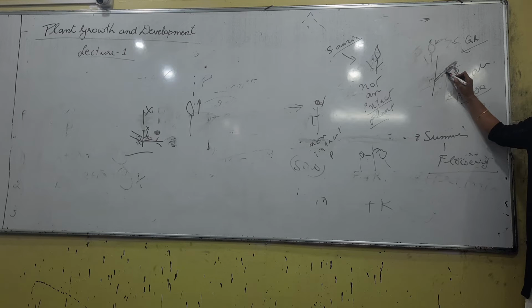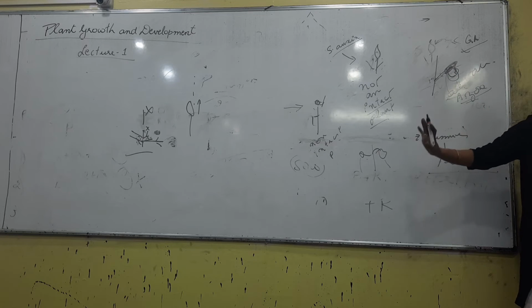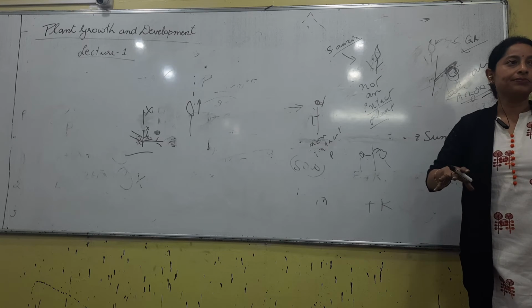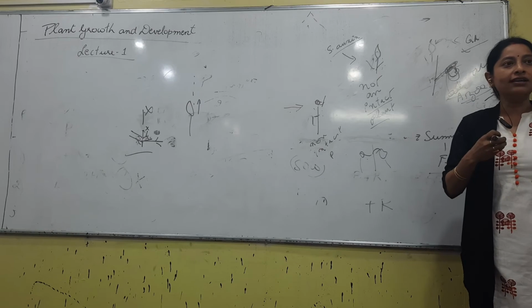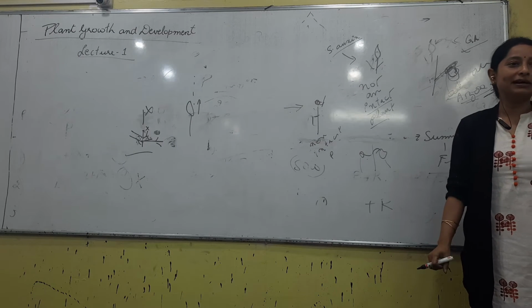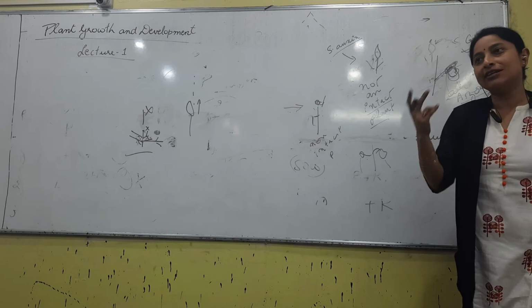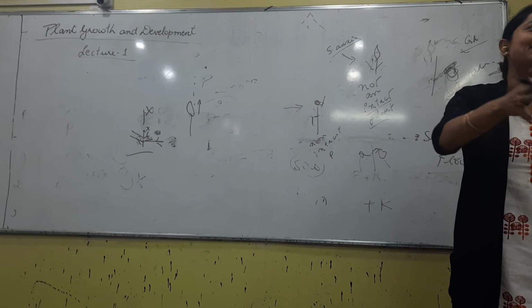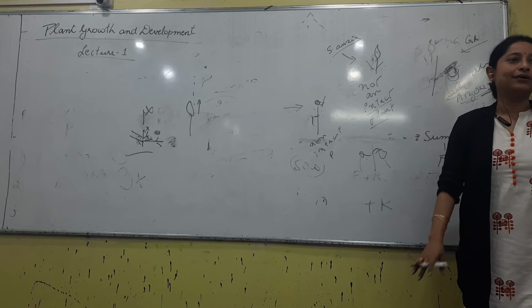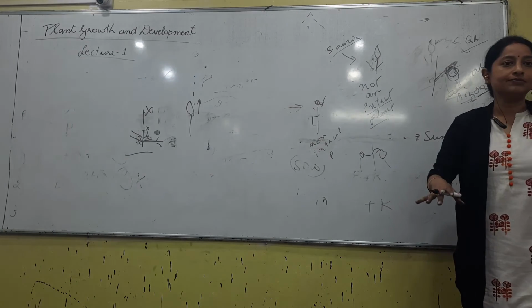Is the point understood? Normally, there are mangoes on the tree, and at a particular time, the mangoes will fall. Right? But we want the mangoes to stay for some more time. What should we do? You have to do something, no? Obviously, God has given us the brain, so we apply it in a negative way, a positive way, both ways, right? So what will we do? We'll play with the plant now. How will we play? We'll apply hormones.